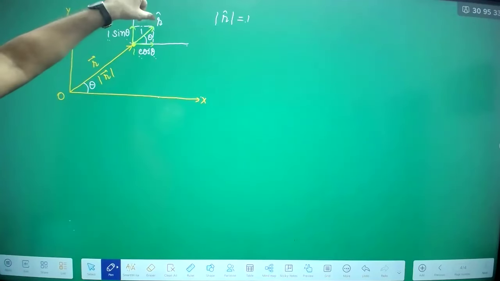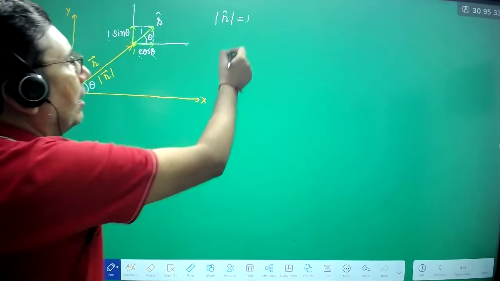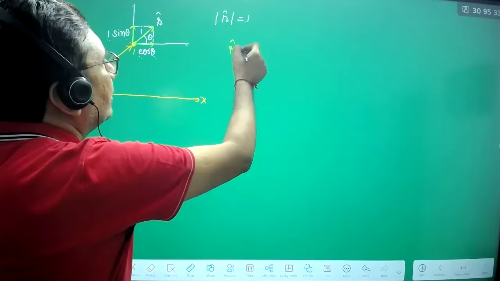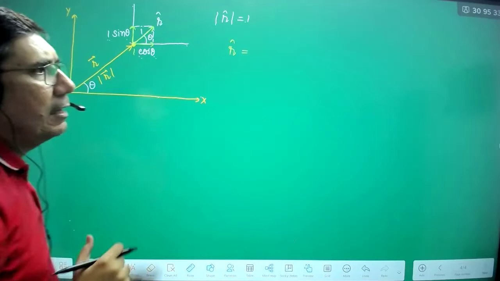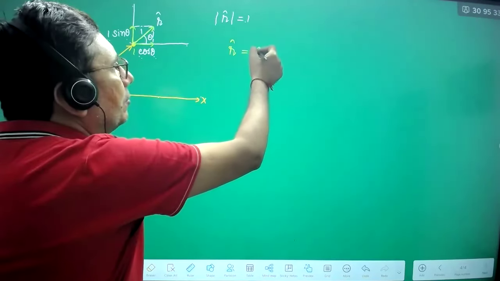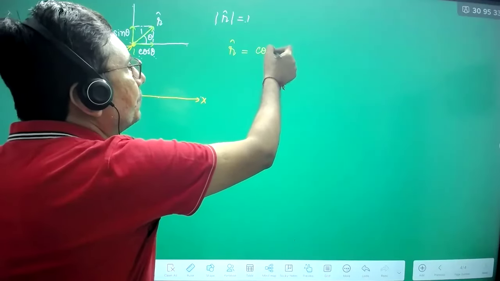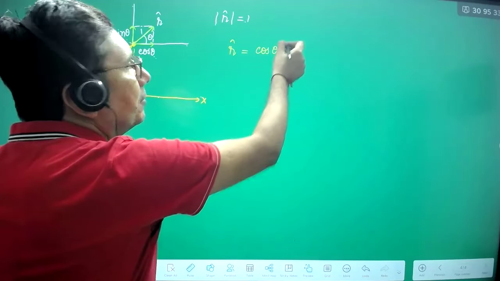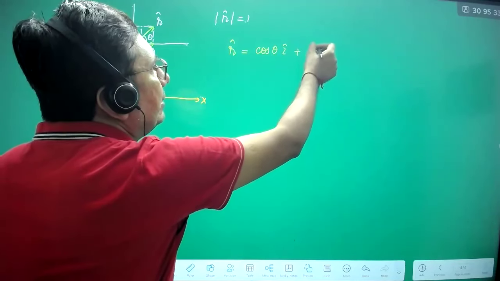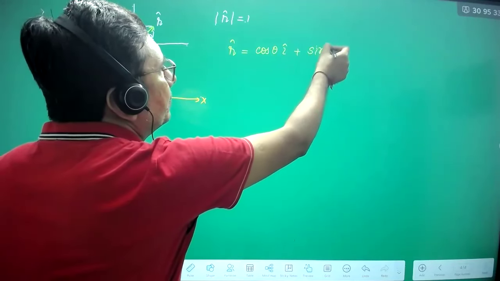So can you now represent this R cap? This R cap vector can now be expressed as: the x component is cos theta, so this will be cos theta i cap, plus sin theta j cap.